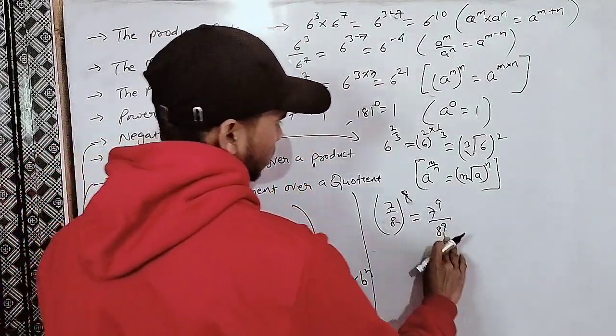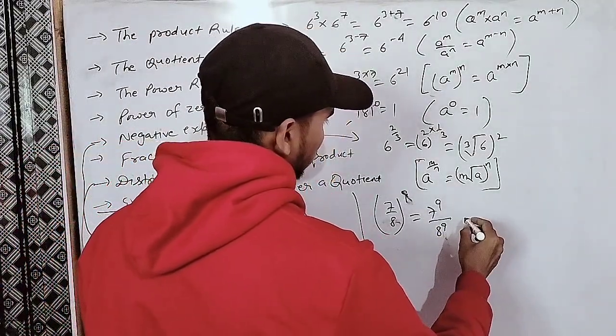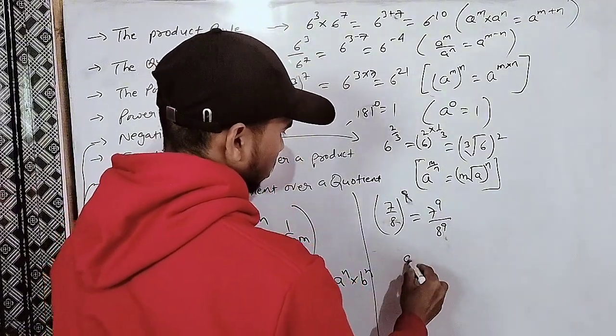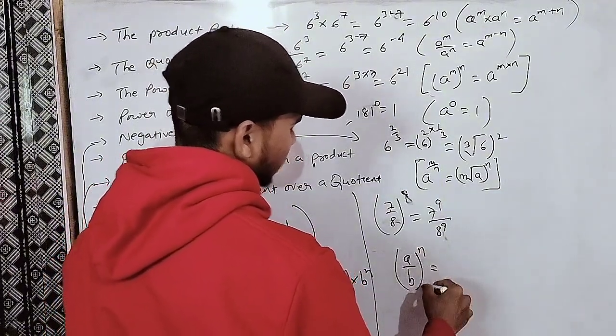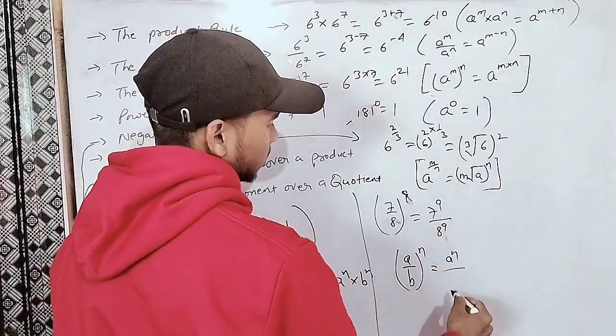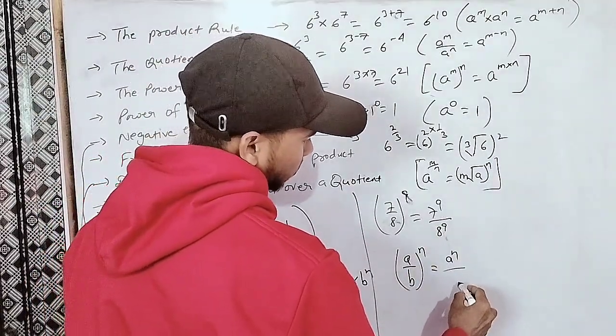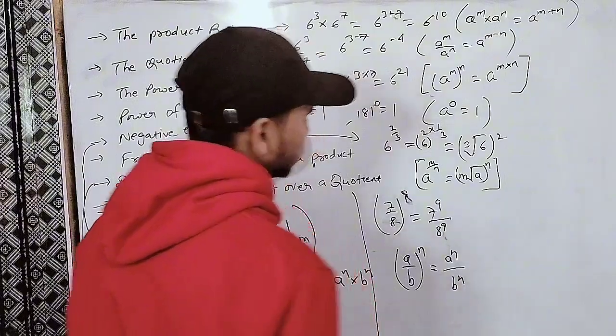This is the rule. So a by b, then raised to n, can be written as a raised to the power n and then b raised to the power n.